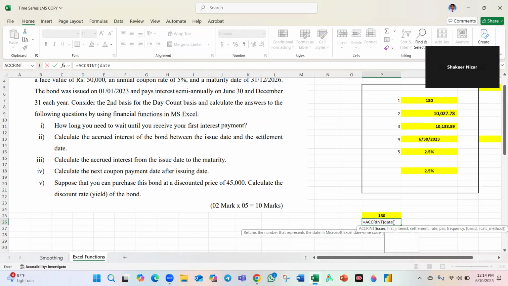The issue date is 2023 January 1st, and the first interest payment date is 2023 June 30th, and the settlement date is also that particular date, because the interest is paid on that date.